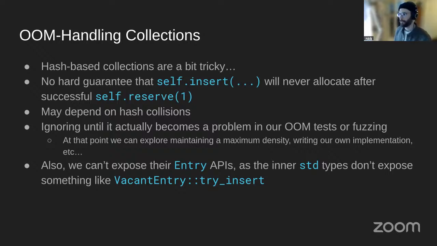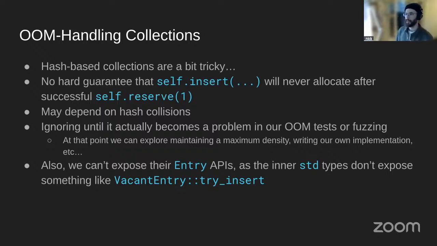Been ignoring it so far. It hasn't been a problem in our OOM tests or fuzzing or anything like that at this point. And if we do run into that, then we're going to have a bunch of questions that we're going to have to ask ourselves. And I do expect we're going to run into this eventually, but I would like to make progress on the low-hanging fruit while I can. So I'm kicking this down the road.